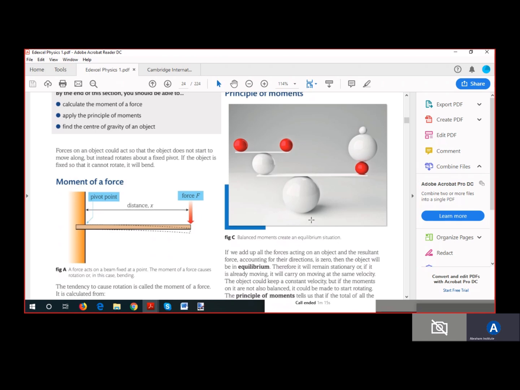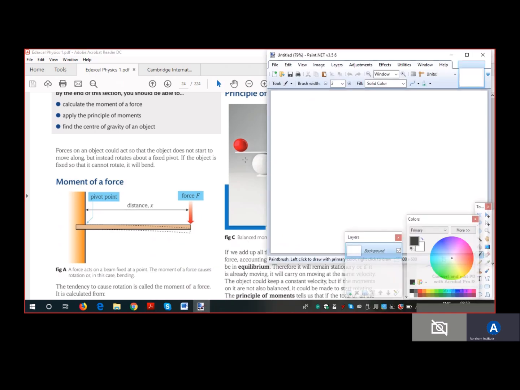There are two conditions for equilibrium. The first is the resultant moment should be zero, and the second is the resultant force should be zero. I can write it down here. So for an object to be in equilibrium, there are two conditions. These are very important, they have asked it in the exam papers.